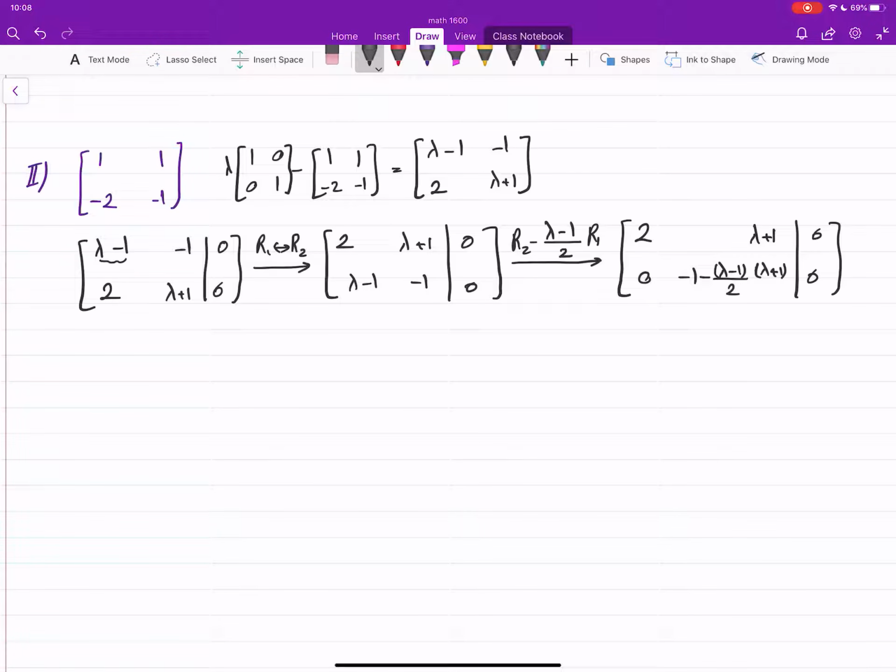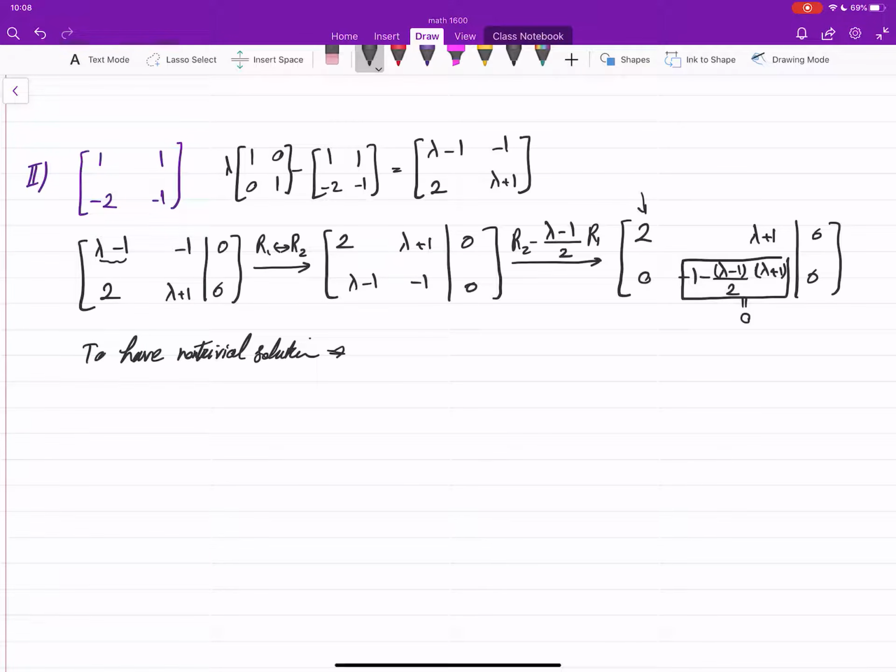As you can see, to have a non-trivial solution, we need to make sure that this entry is equal to 0. Otherwise, that would generate another leading entry, and the first column has a leading entry.